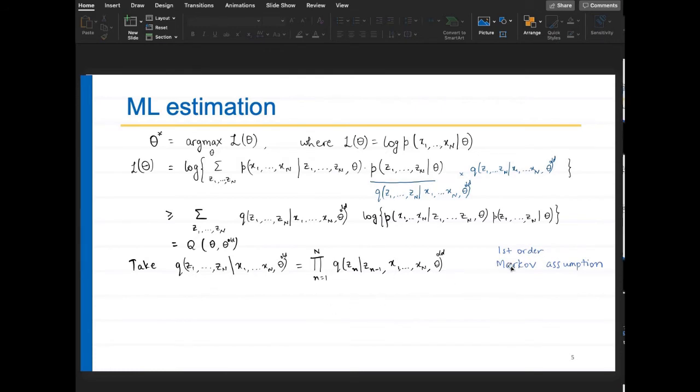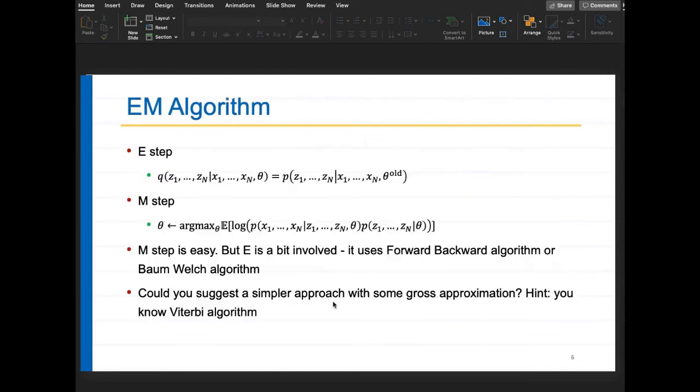Using the first order Markov property, q of z1 to zn can be written as the product over n of zn given zn minus 1, because the nth latent variable only depends on the n minus 1th and is conditionally independent of everything else. The EM algorithm can be used. In the E step, you make your q equal to this distribution.